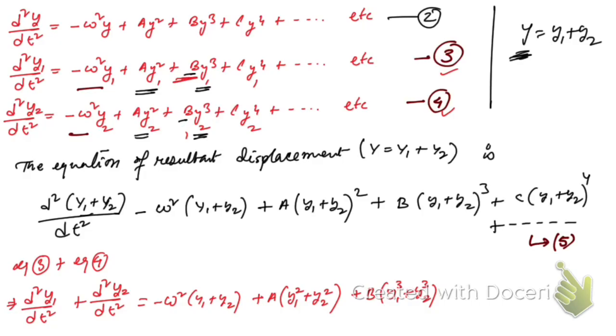Similarly, if you take c common, then you are going to get c into y1 to the power 4 plus y2 to the power 4 plus dot dot dot and so on. So this is, suppose, equation number 6. Now let me copy equation number 5 and 6 and go to a new slide.